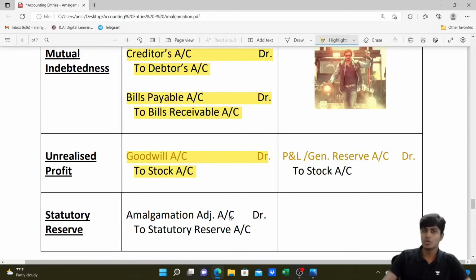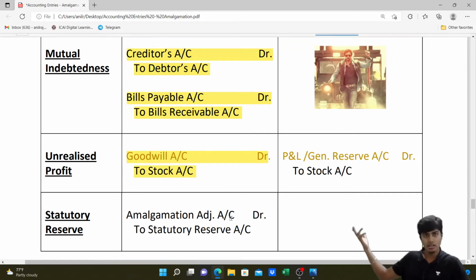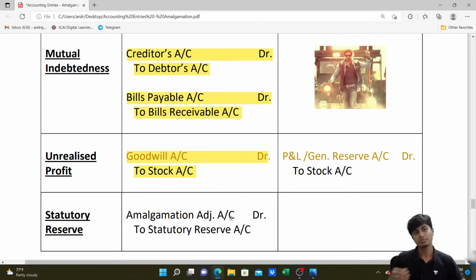Why? I'm reducing the value of the stock for no reason. Am I getting anything? Getting nothing in return. Do you guys understand? We're getting nothing in return, but we're still reducing the value of the stock. So we'll write goodwill account debit to stock account.